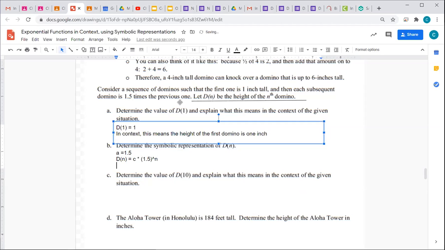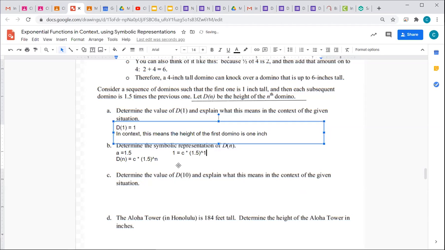I say, okay, I'm going to solve for c. So I have this one value up here. When the input is 1, the output is 1, right? So to find the c value, when the output is 1, I'm just plugging in c times 1.5 to the power of 1.